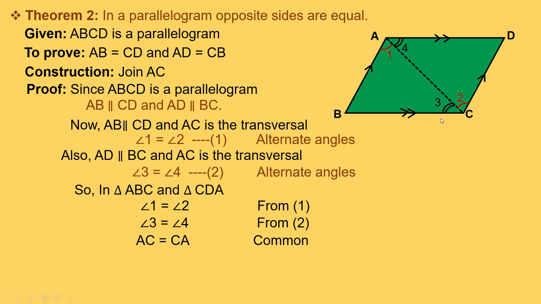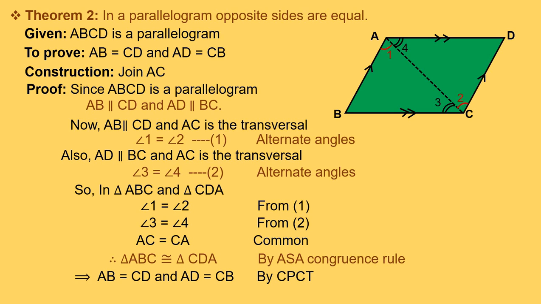Therefore, triangle ABC is congruent to triangle CDA by ASA congruence rule. This implies AB is equal to CD and AD is equal to CB by CPCT. Hence, opposite sides are equal in a parallelogram. Now moving on to the next theorem.